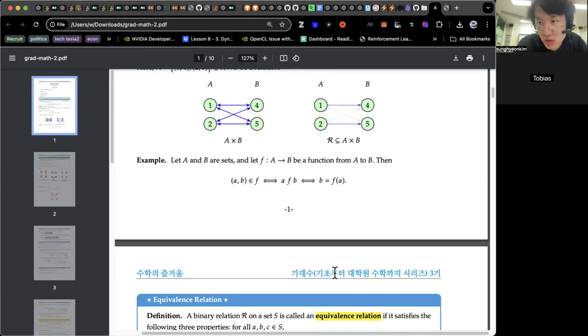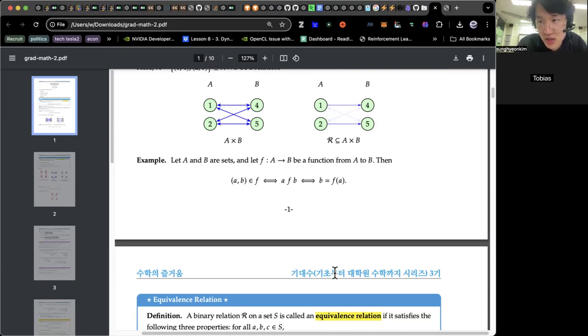We will call this condition onto, and we can represent onto as the complement set of the range in the codomain equals 0. The intersection of the complement of range and codomain equals 0, then we will call it onto.